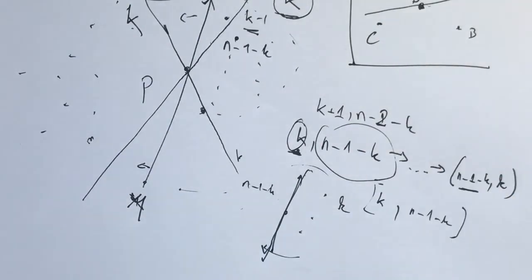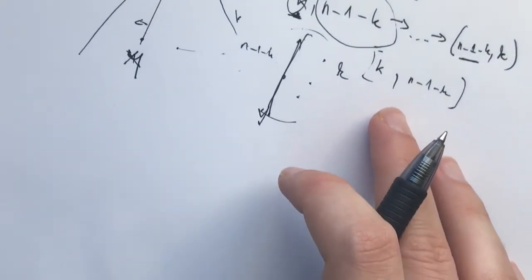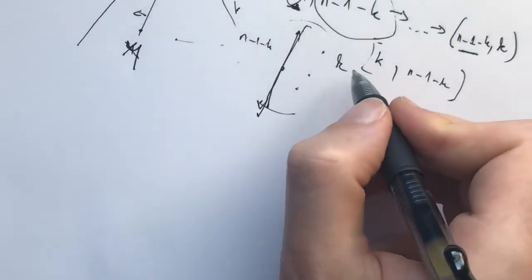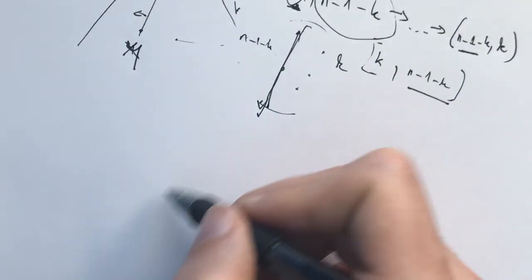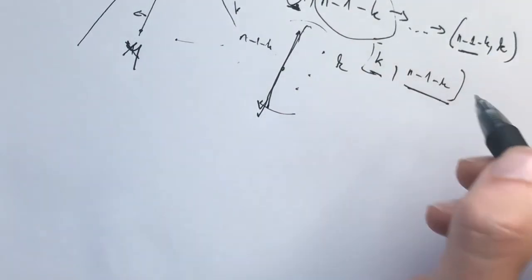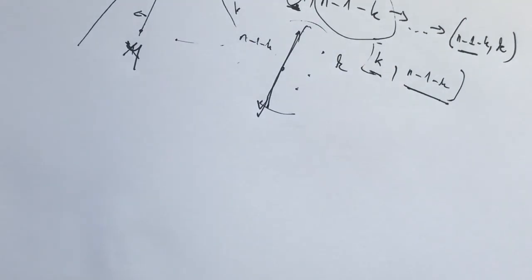So now what that means is that I can get any number between k and n minus 1 minus k. So it means I can get any line from k points on the left side and n minus 1 minus k points on the right side. I can get any number of points between k and n minus 1 minus k points on the side that I want for any single point.